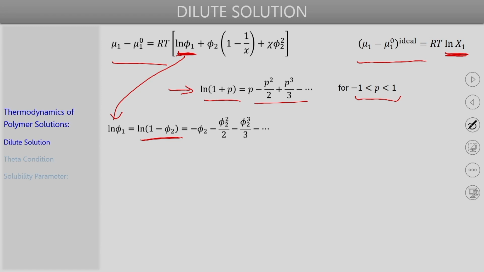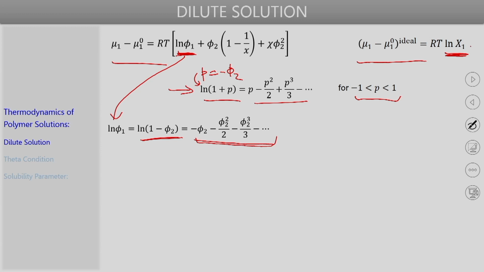This ln of 1 minus phi 2 we can expand using the formula that we have just discussed. Upon expanding, we get this infinite series here. This expansion we have carried out by just substituting p equal to minus phi 2 in the equation.